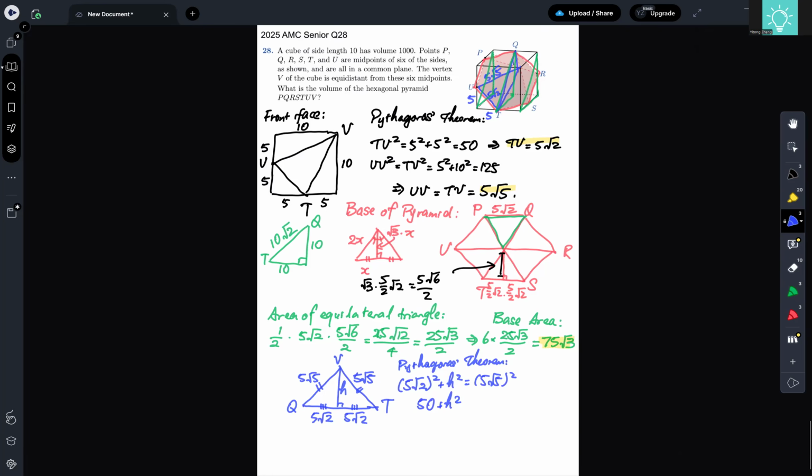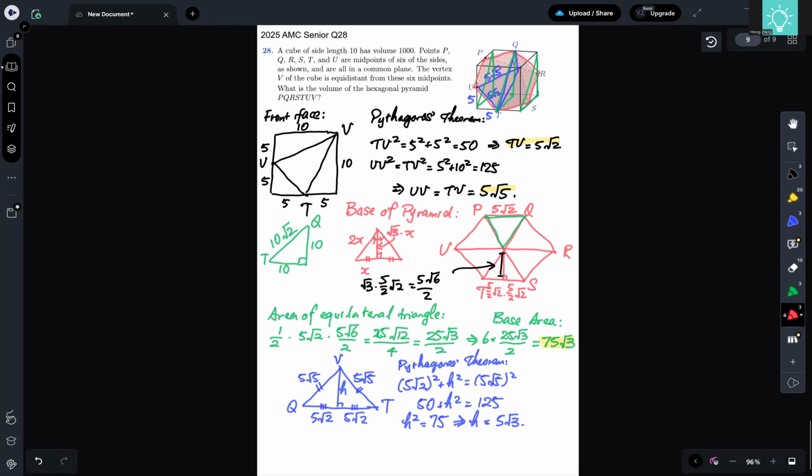Plus h squared. 5 square root of 5 squared, that's 25 times 5, 125. So h squared is 75. H will be equal to the square root of 75, which is the square root of 25, which is 5, times the square root of 3.